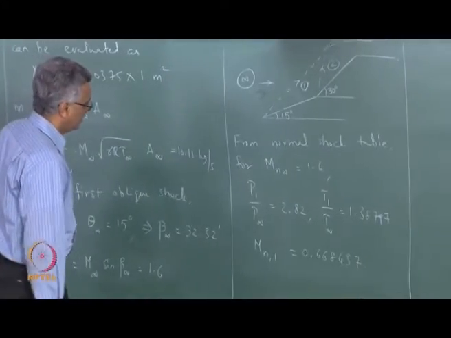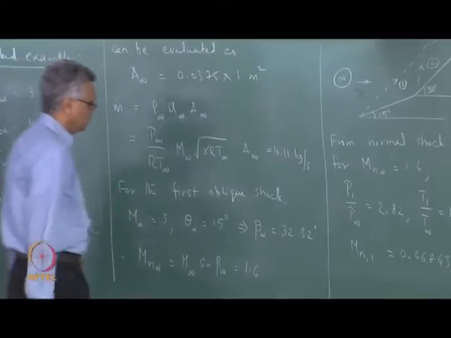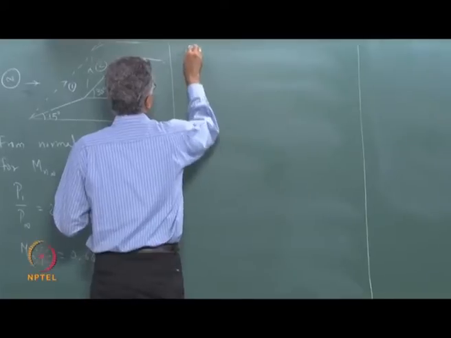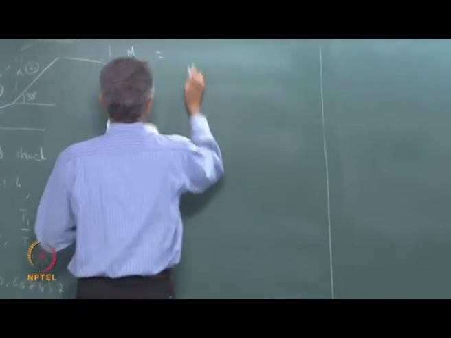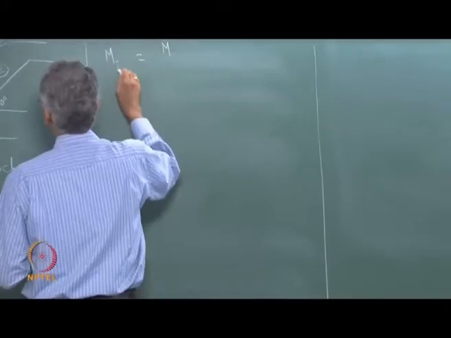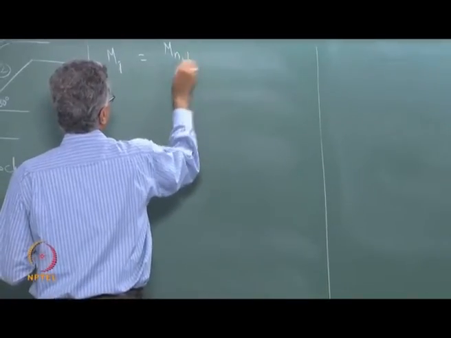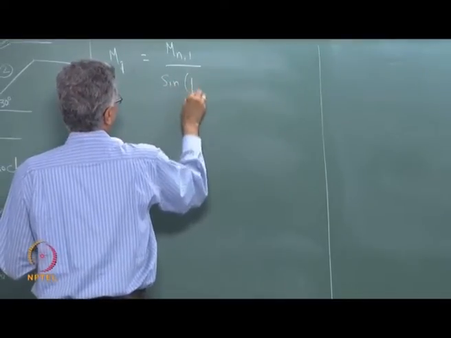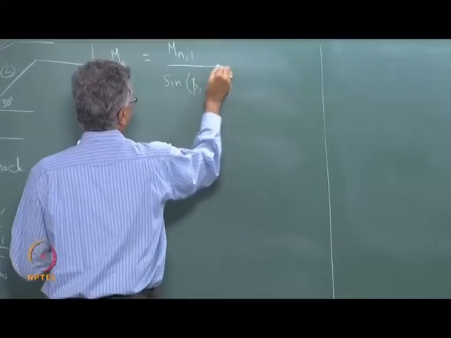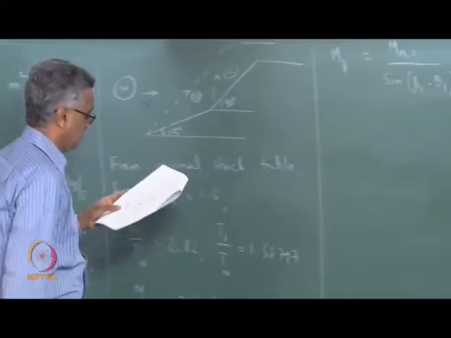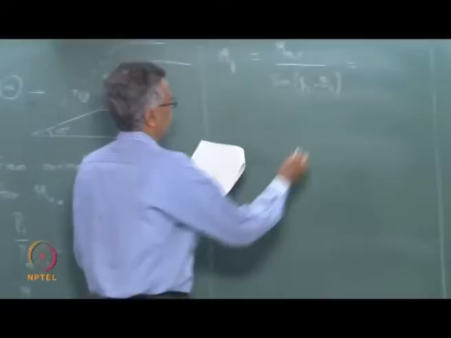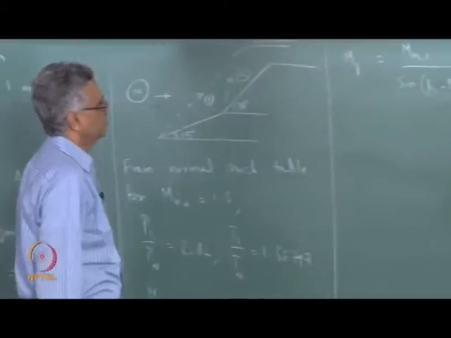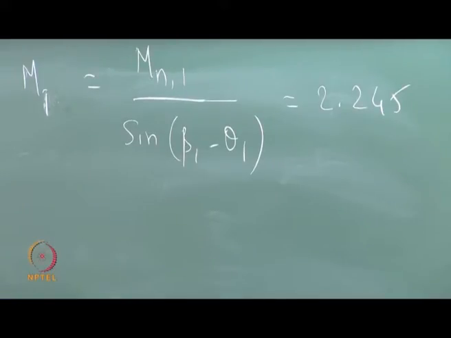So, once I know theta and beta, I can calculate, for example, M2, which is M1 equal to Mn1 divided by sin of beta 1 minus theta 1, and this I can calculate as 2.245. So, the Mach number went from M infinity 3 to M1 equal to 2.245.